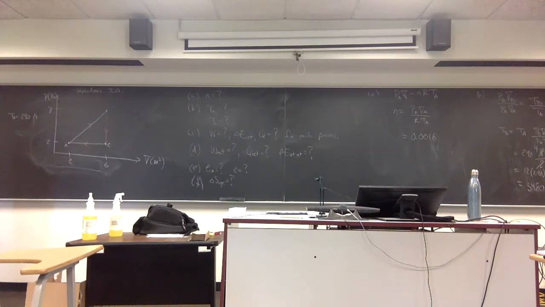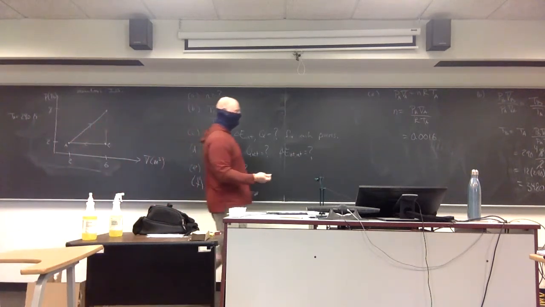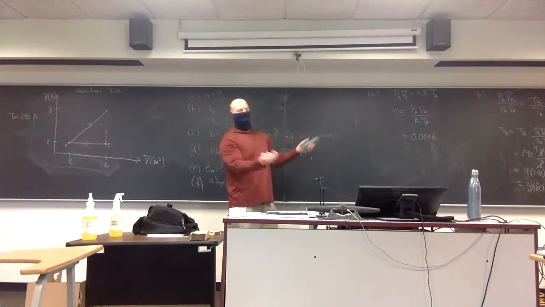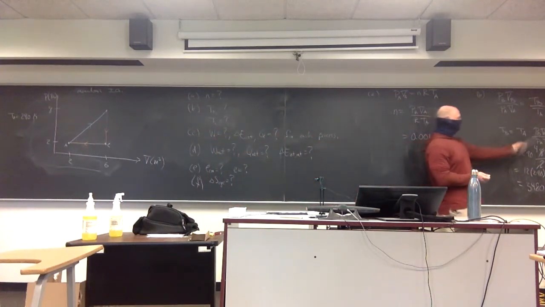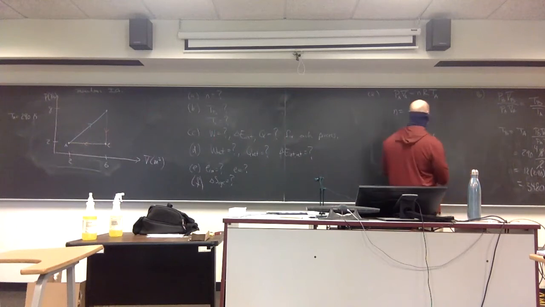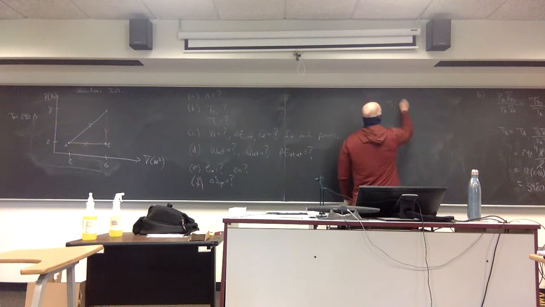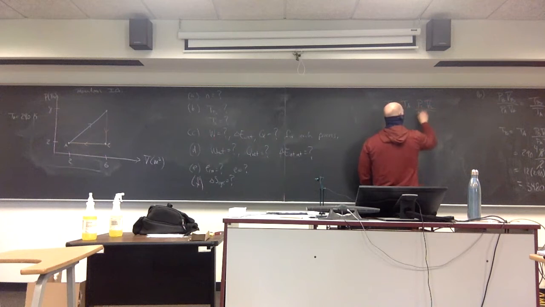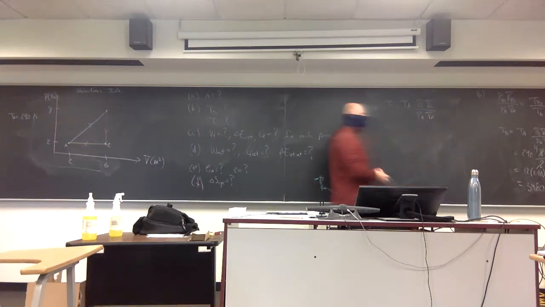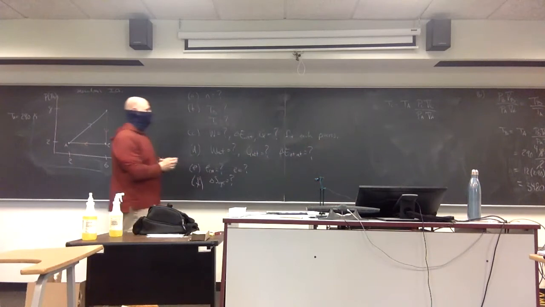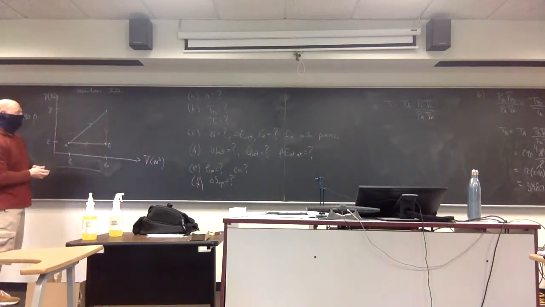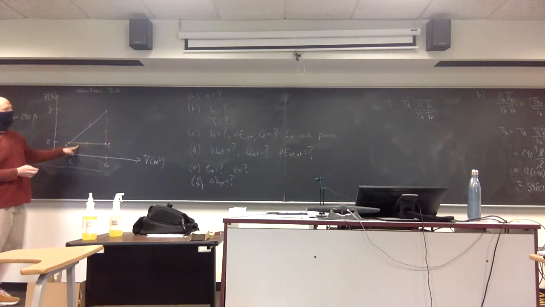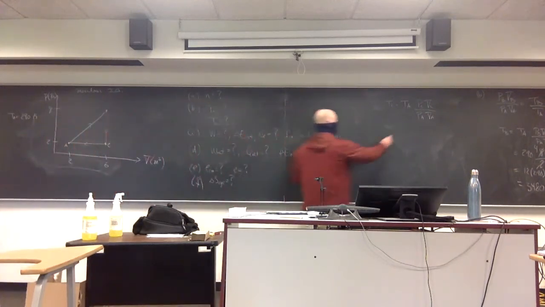Okay. Great. So now if I want to know the temperature at C, how would I do that? The same thing. All I have to do now is replace all the B's with C's and life is great. So the temperature at C is equal to the temperature at A times the pressure at C times the volume at C divided by the pressure at A times the volume at A. Now in this case, the pressure at C and the pressure at A are the same, so that term is going to cancel.